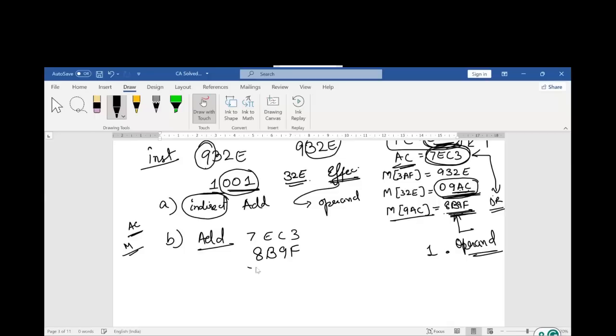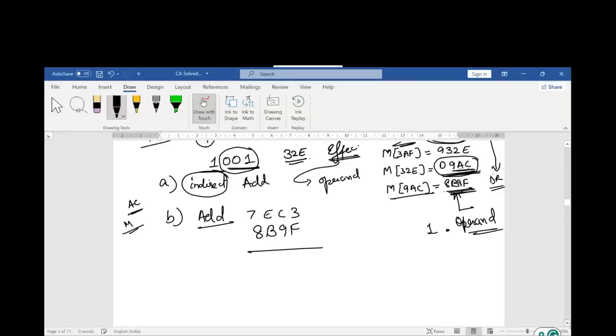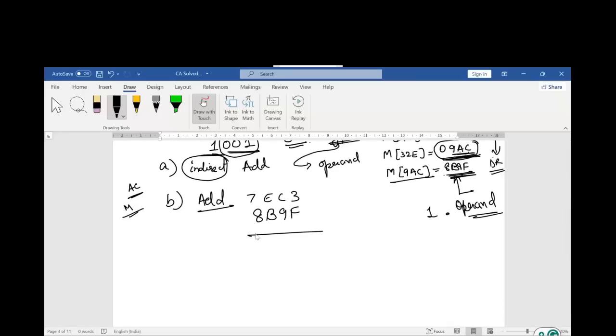For performing addition, we can directly convert to binary. 7 is 0111, E is 1110, C is 12, 1100, and 3 is 0011. 8 is 1000, B is 1011, this is 9 and this is F. Let us quickly add it.